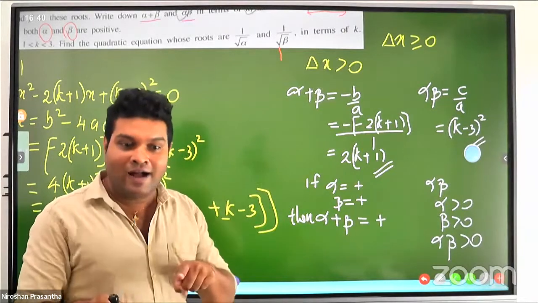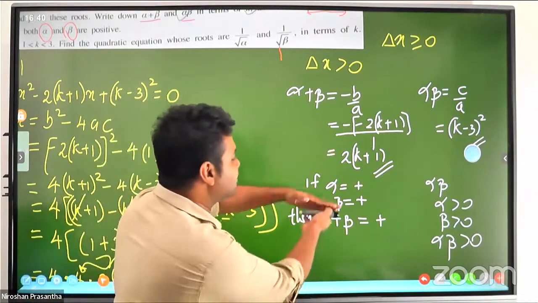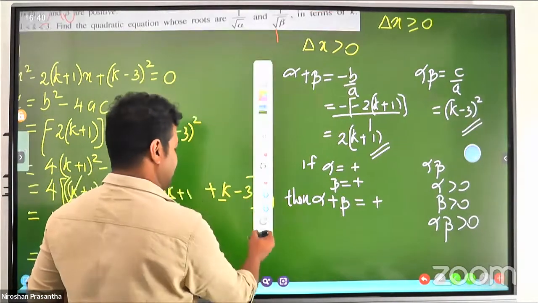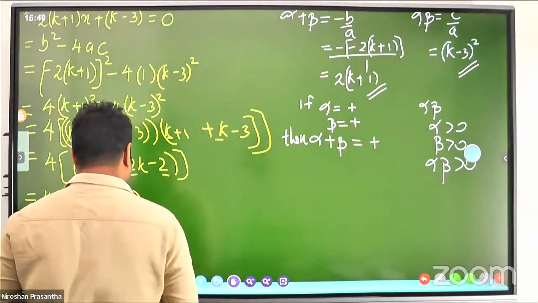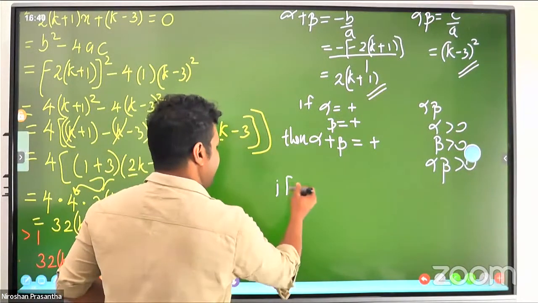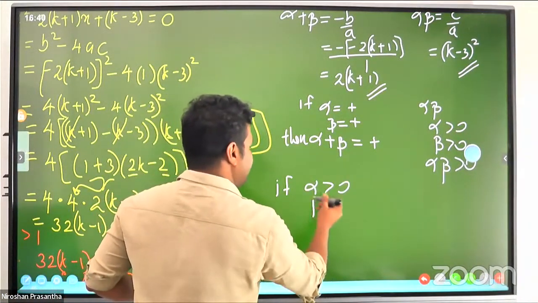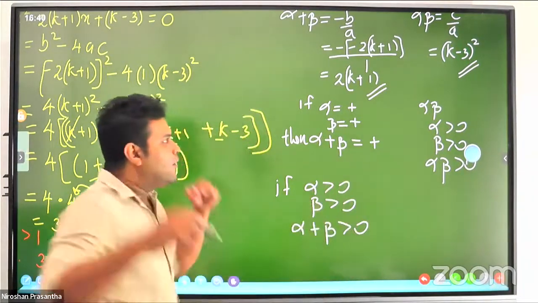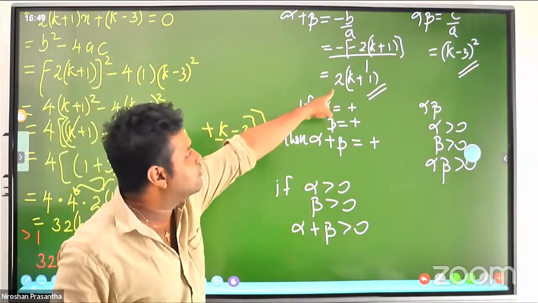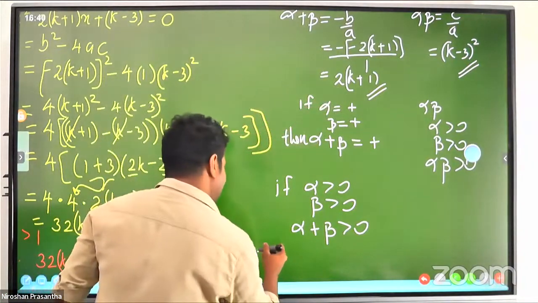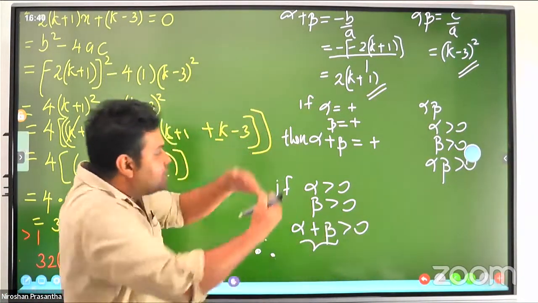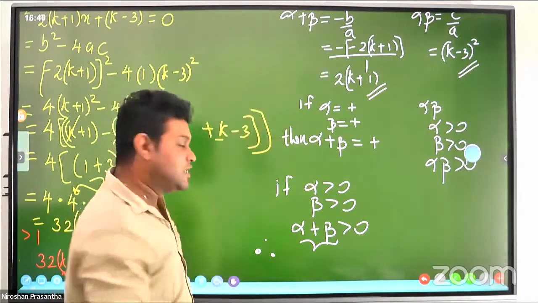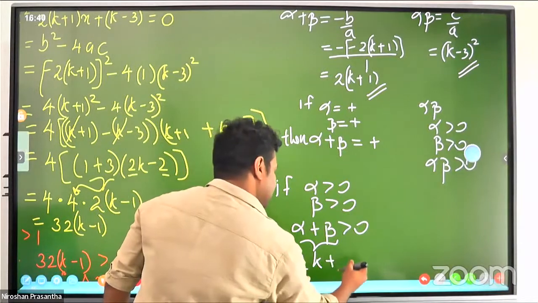If the two roots are positive, the sum of the two roots must be positive. Therefore, this is an inequality. Then mathematically, I can write down: if alpha positive, beta positive, then alpha plus beta is positive. Now, what is the alpha plus beta that we have got here? You can write below alpha plus beta what we have written over there, 2 times k plus 1.